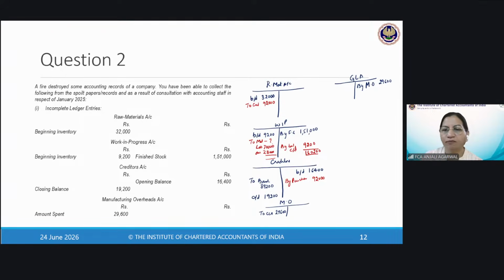So material worth of 53,000, missing figure. You will make a working note for this. By WIP, 53,000.